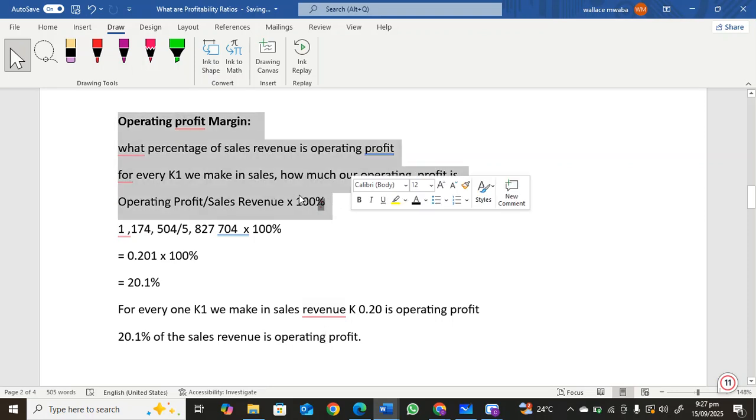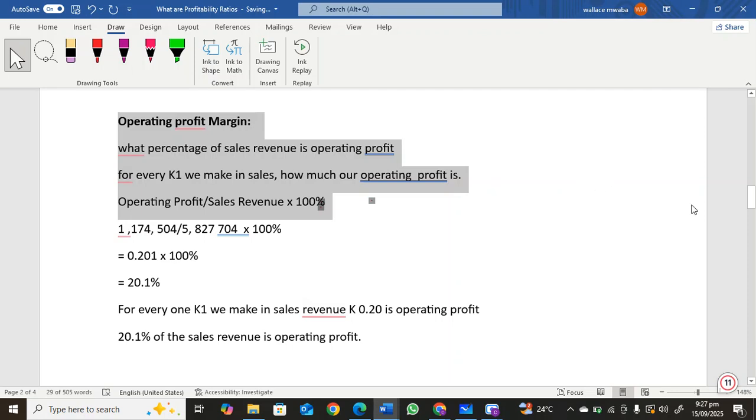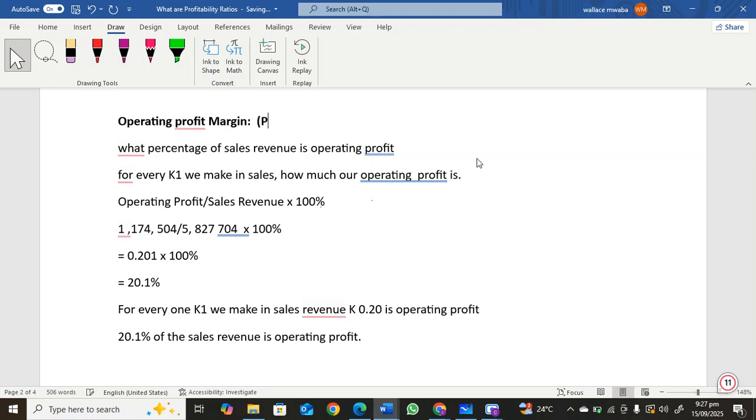Then finally, we've got our net profit margin. On operating profit, I forgot to mention one thing. Other times you see it as profit before interest and taxes.